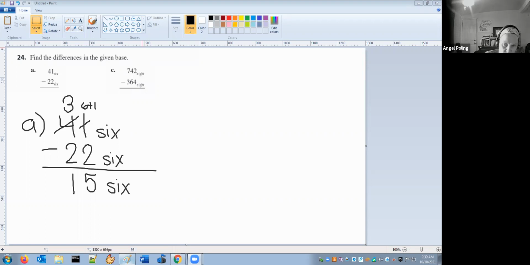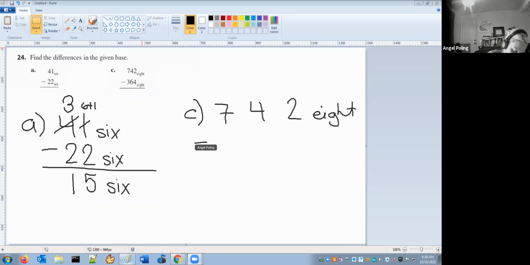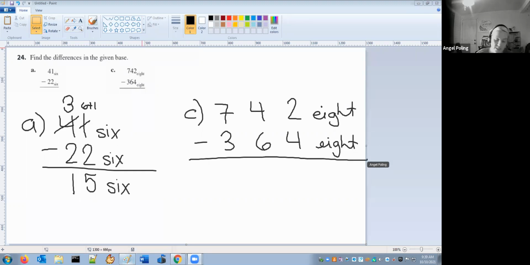Now for C, I'll spread it out a little, learning from what I did on the other one. Take away 364, also base 8. And to begin with, we start in the unit spot. We try to take that 4 away from 2, and we can't. So we're going to borrow 1 from our neighbor.